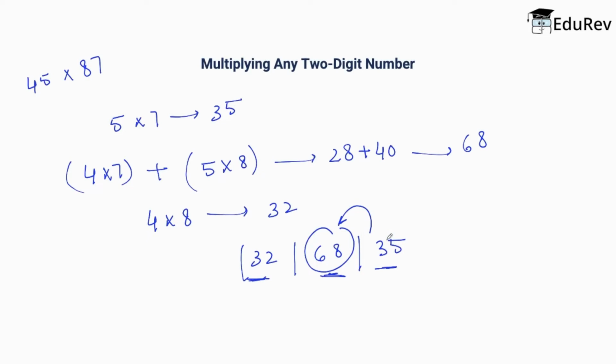So basically step 5 says that you just leave 32. Then you have to leave 68. Now you have to see this last number. Okay. So here in the tens place I have 3. So I have to add this 3 to what? To 68. So 68 plus 3 is going to be what? 71, right? So I will write it as 32, 71 and 5. Correct?